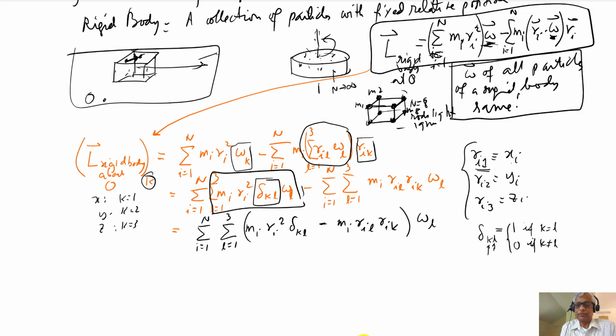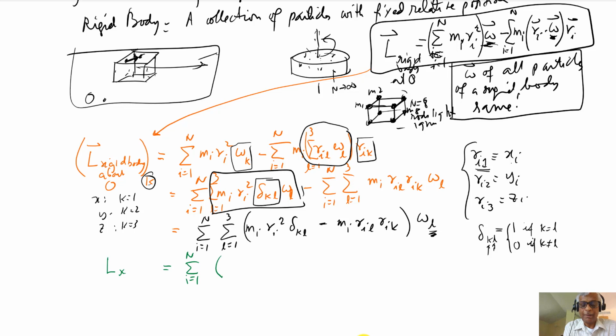So we have, actually, the angular momentum x component will depend on the angular velocity of all three. This is a very important observation. So if I were to write the L x component, I will get a sum over all particles i equals 1 through n, and say I sum over this, what am I going to get?